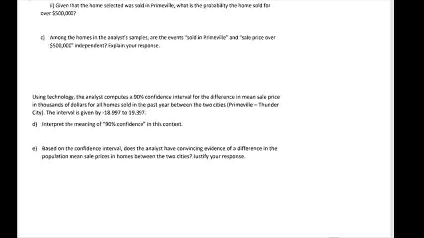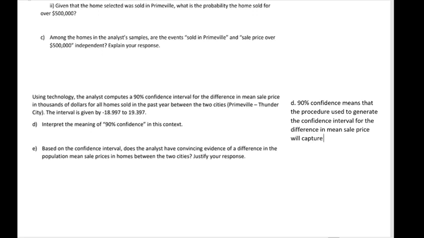What this winds up meaning for us is that 90% confidence means that the procedure used to generate the confidence interval for the difference in mean sale price will capture the true difference 90% of the time.